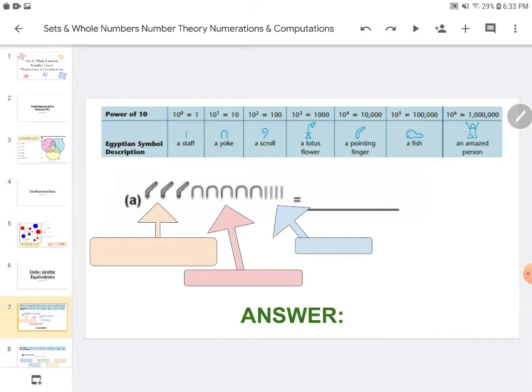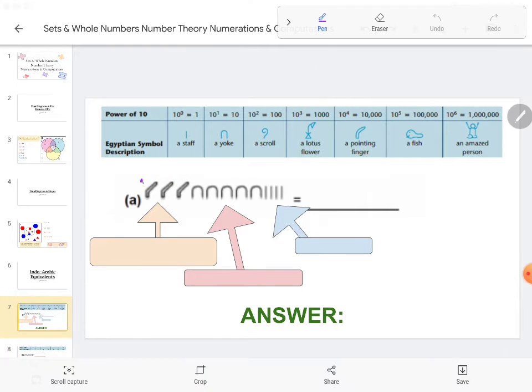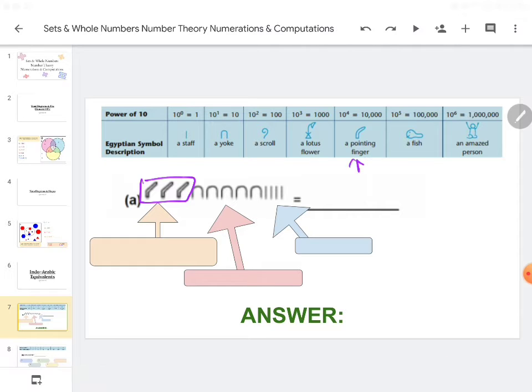So for our first problem in this question, we are presented with the Egyptian system. If you'll notice, we're given different shapes. We're given these shapes, which will be a pointing finger, these shapes, which are yolks, and these shapes, which are staffs.